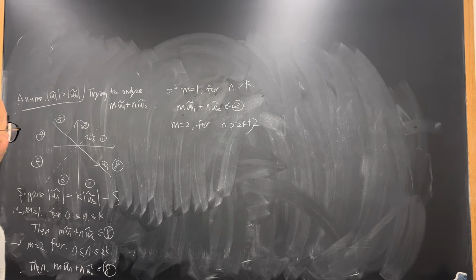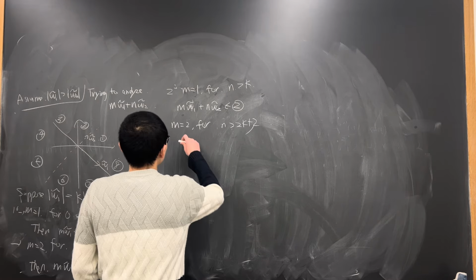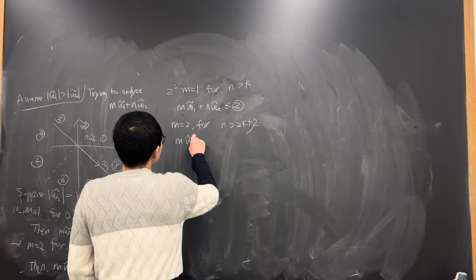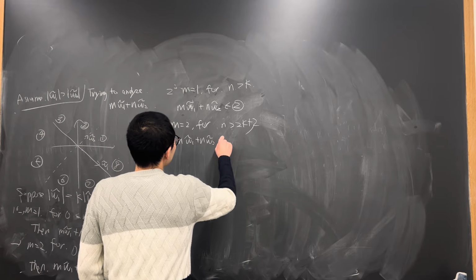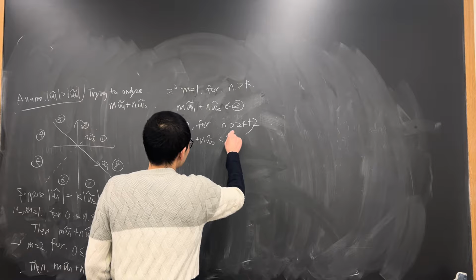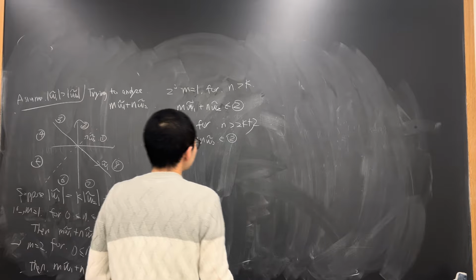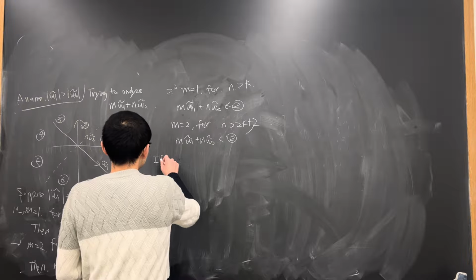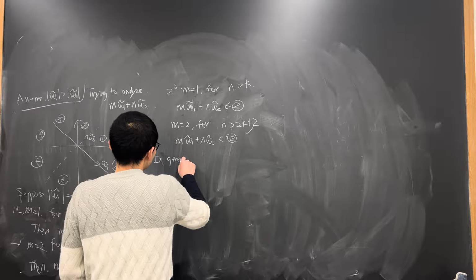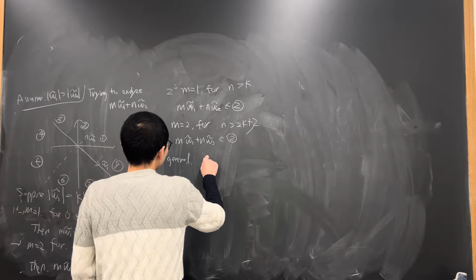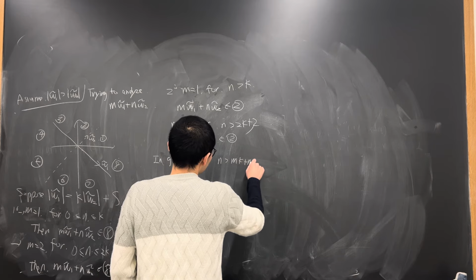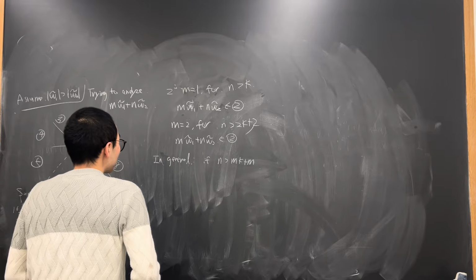And so on and so forth. So in general, I think a general rule is that if I have n bigger than mk plus n, then it must be true, right?